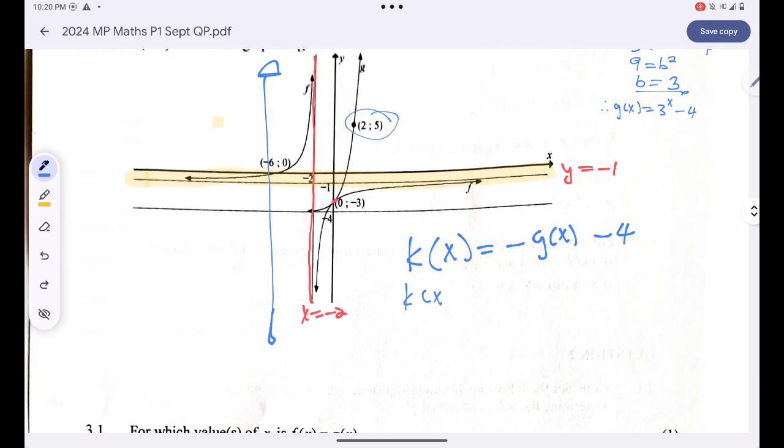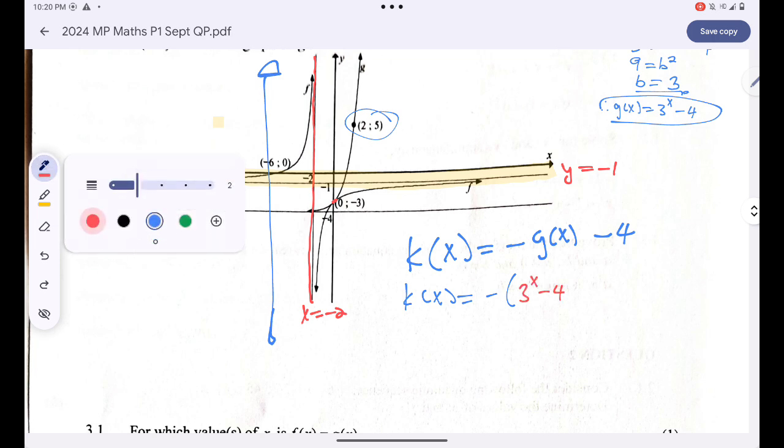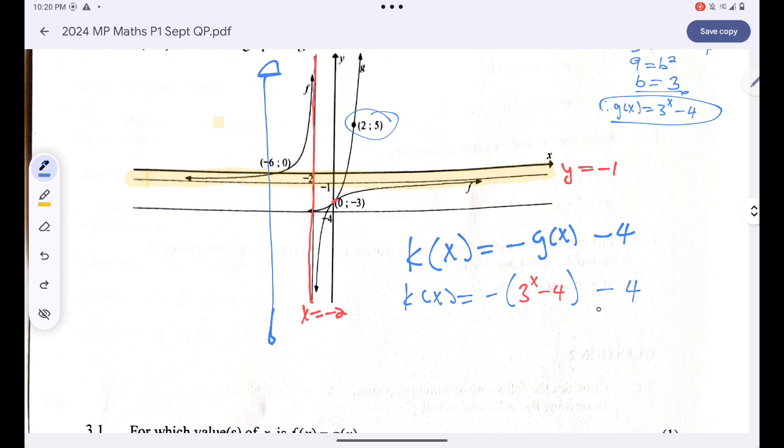So k of x will end up being negative. Remember that g of x, we found that already. So g of x is just equal to 3 to the power x minus 4. We still have a -4. So k of x is just negative 3 to the power x plus 4 minus 4.